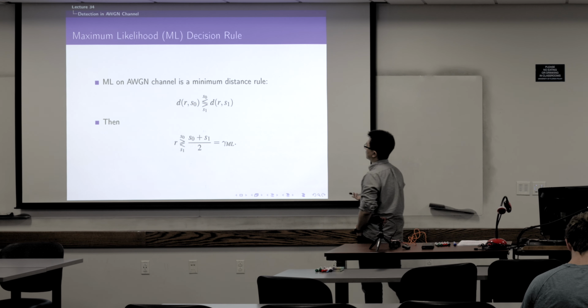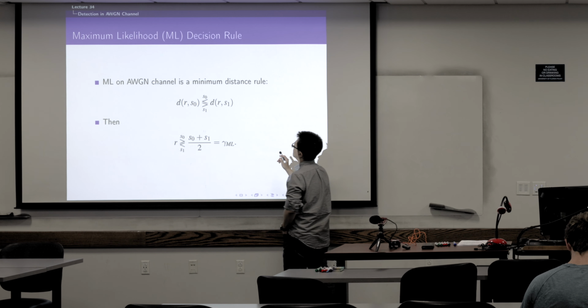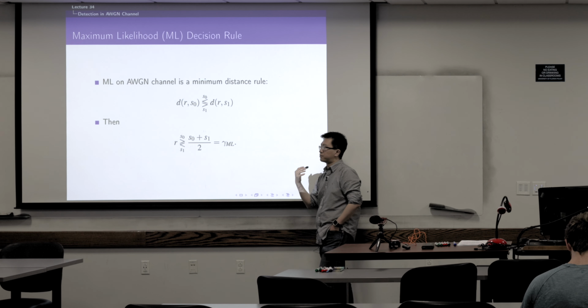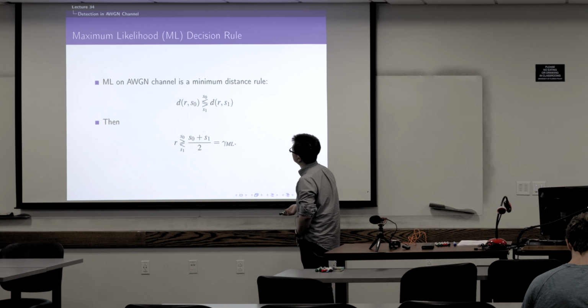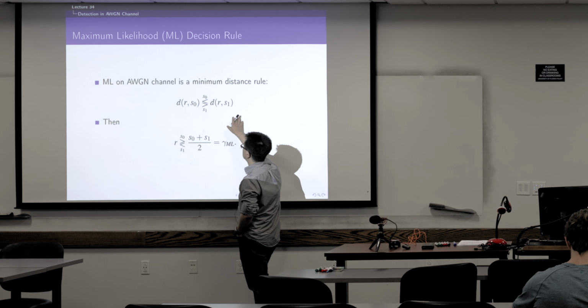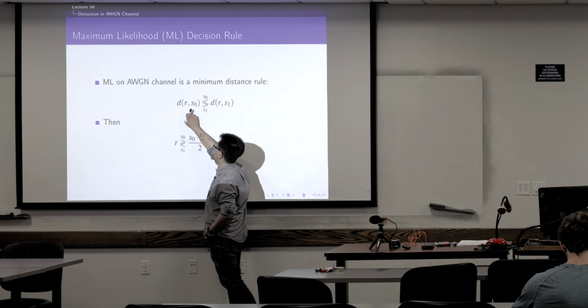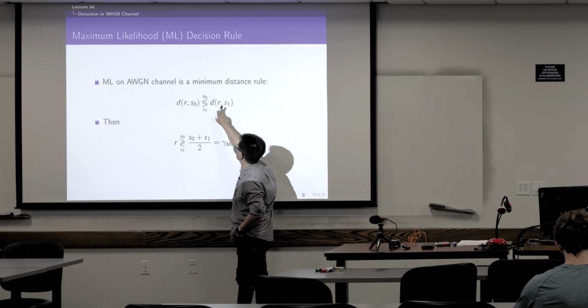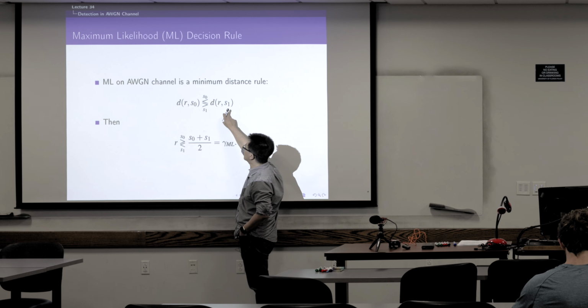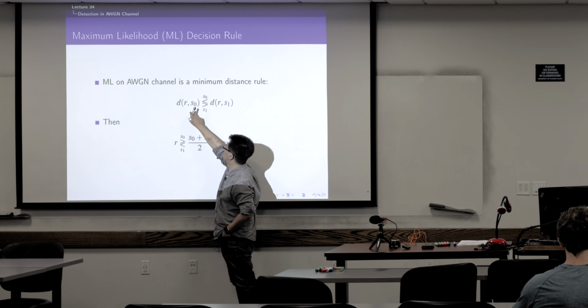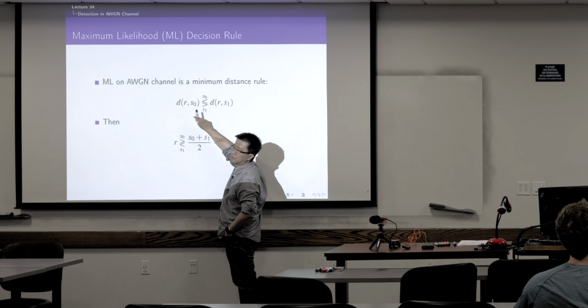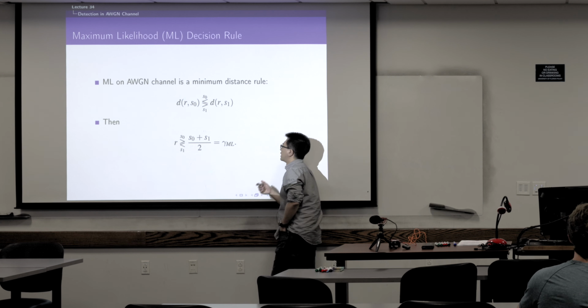If we take a detailed look and write down the PDF, from the formula we wrote before we get this kind of distance decision rule. If R is closer to S0 than the distance between R and S1, it decides S0 sent. Otherwise, S1 sent. It makes sense.